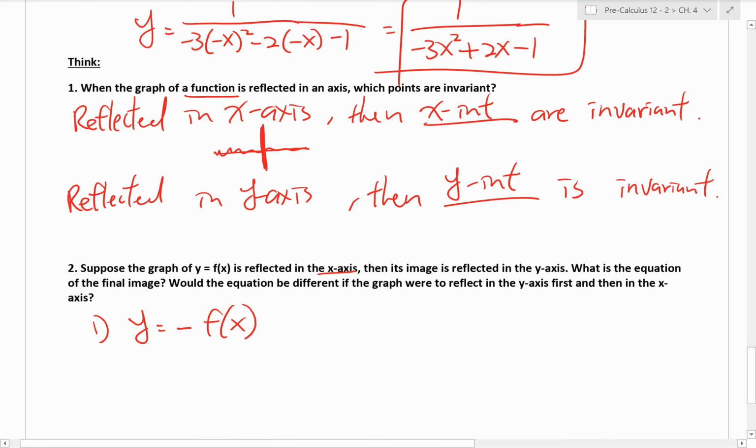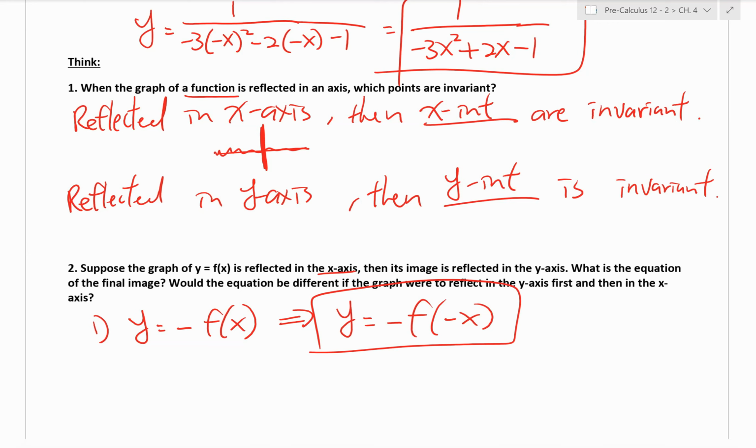Then this image is reflected in the y-axis, so x becomes negative x. So y equals negative f of negative x. You simply put a negative sign in front of both the function and the x.